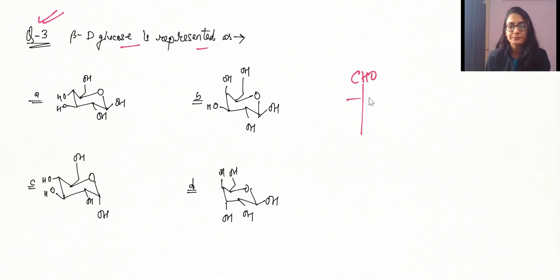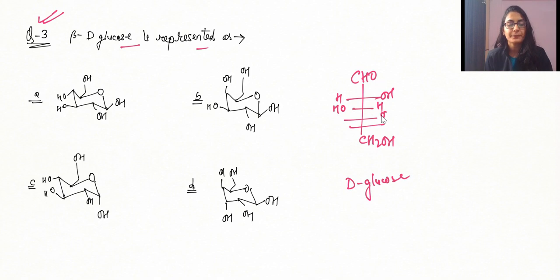So usually the D glucose molecule looks something like this. So the D glucose looks like this. Okay, so this is our D glucose molecule. If it wants to form a pyranose ring structure, a pyranose ring is basically a 6-membered ring.